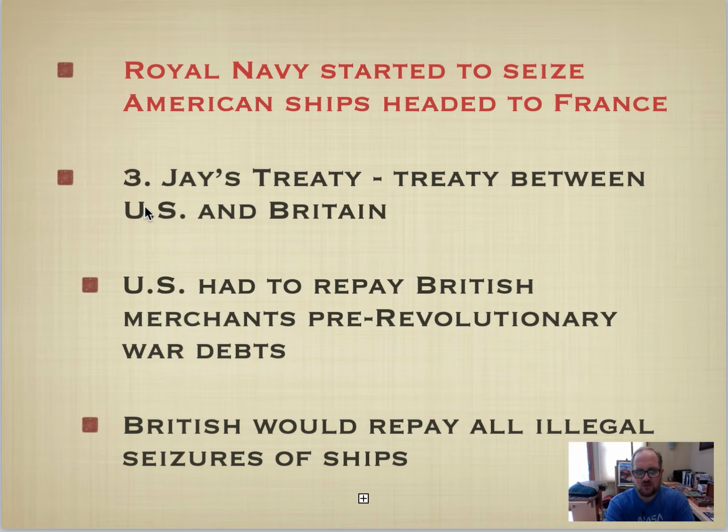The problem with Jay's Treaty is that it doesn't really deal with this issue of impressment at all. It does deal with the British repaying pre-Revolutionary War debts, and the British would have to repay all illegal ship seizures, but it didn't really stop them from continuing to impress or stop American vessels.